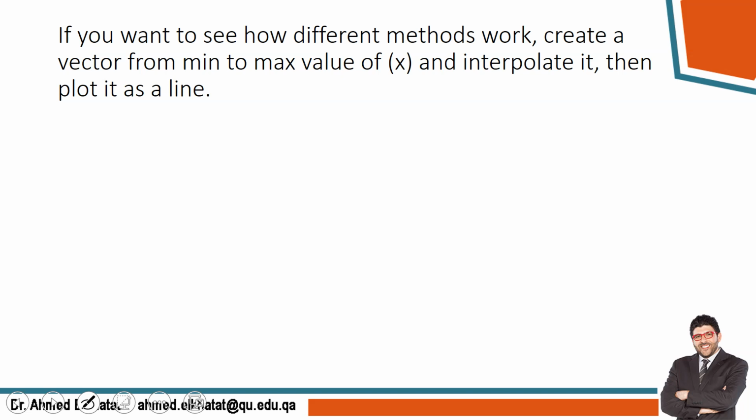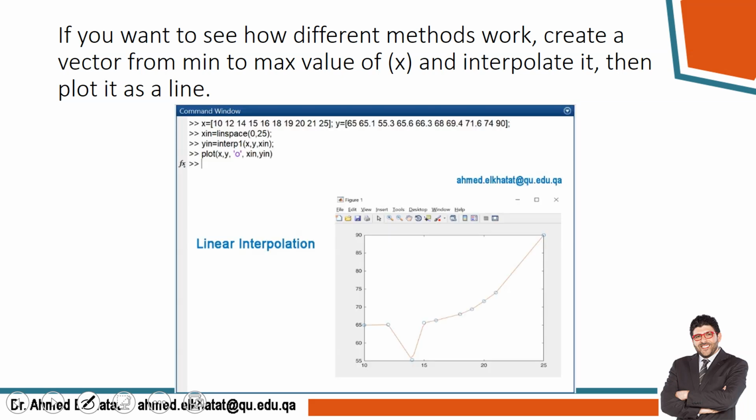Now, if you want to see how the function works, we can create a vector from the minimum to the maximum of x and interpolate it, then plot it as a line. To do this, we put the values of x and y, then we create xn.